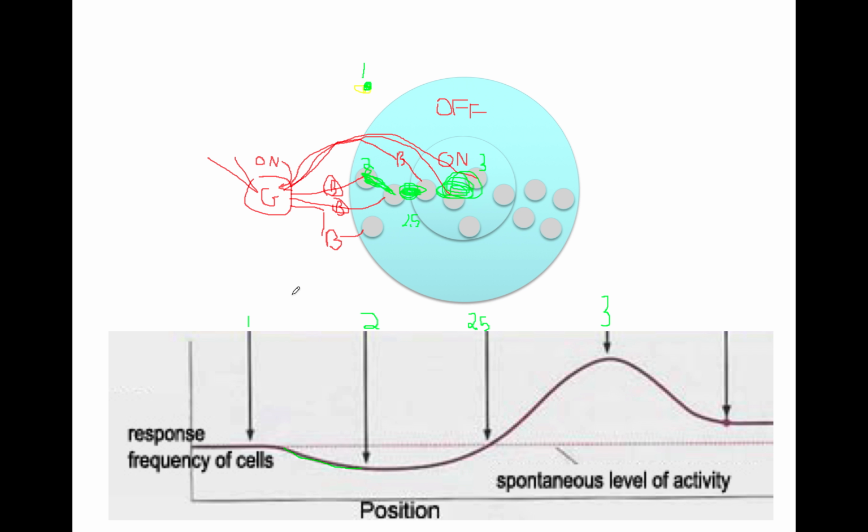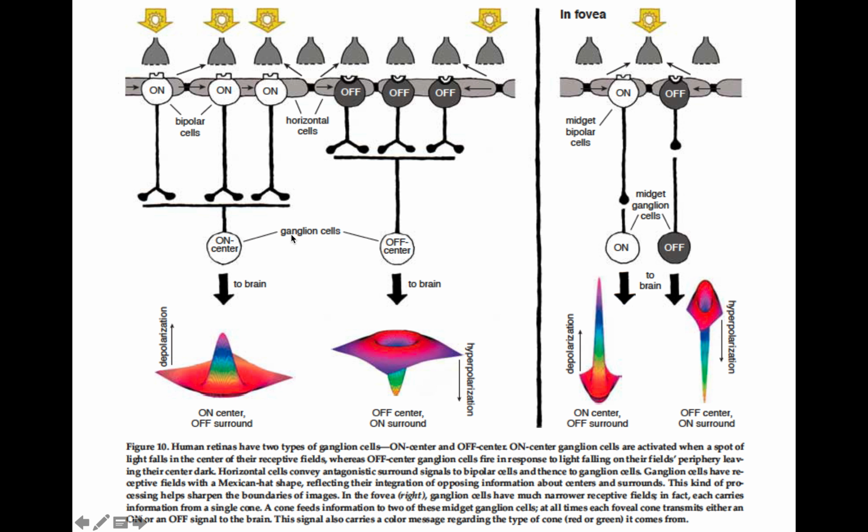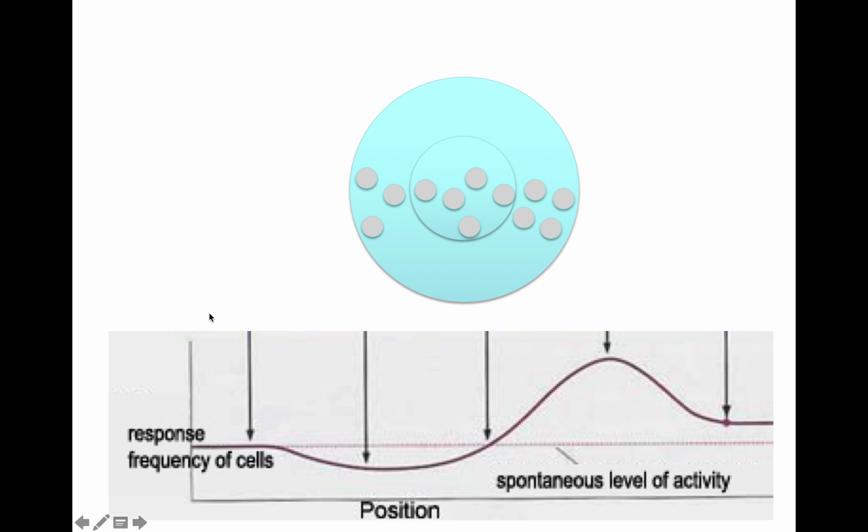Going back, we can see on-center cells here, off-center cells here, and we're talking about how they communicate. If we looked at the entire receptive field and shone the light all the way around the retina, there's a two-dimensional appearance to it, so that there's an off surround and an on-center.